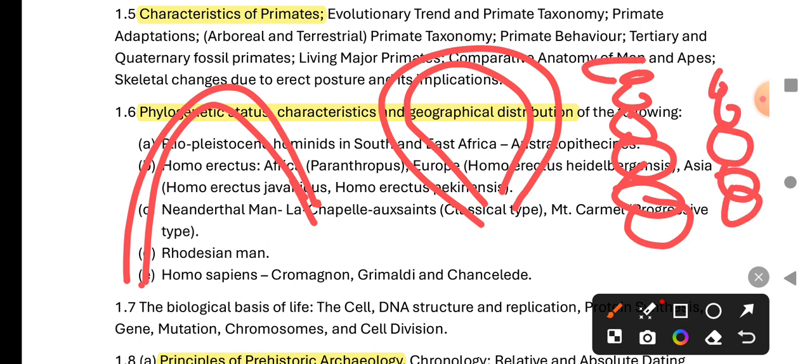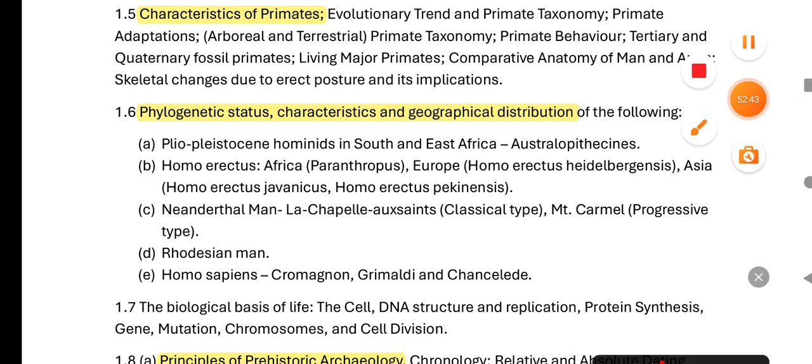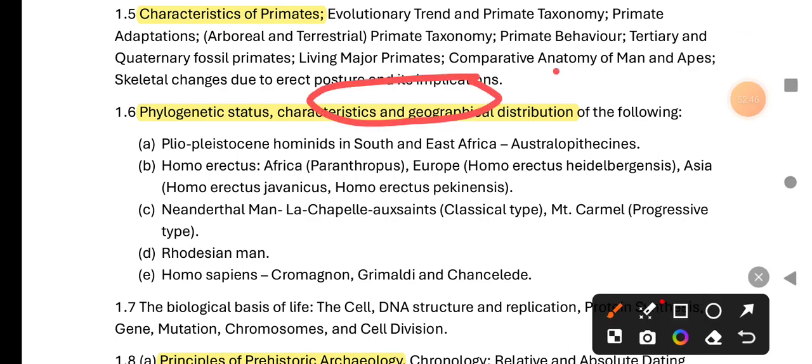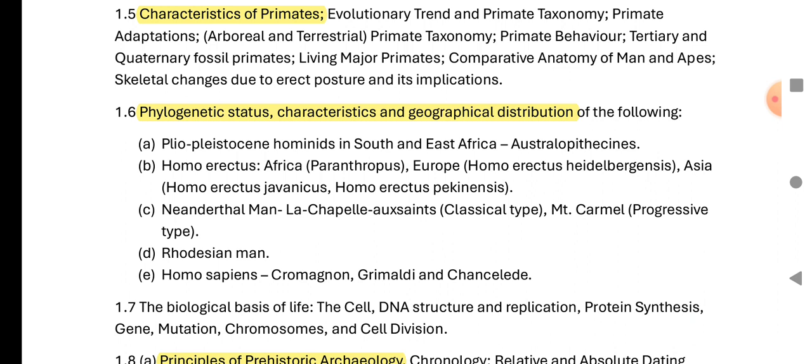Large canines are found in apes, and small canines are found in Australopithecus as well as man. So you should remember.